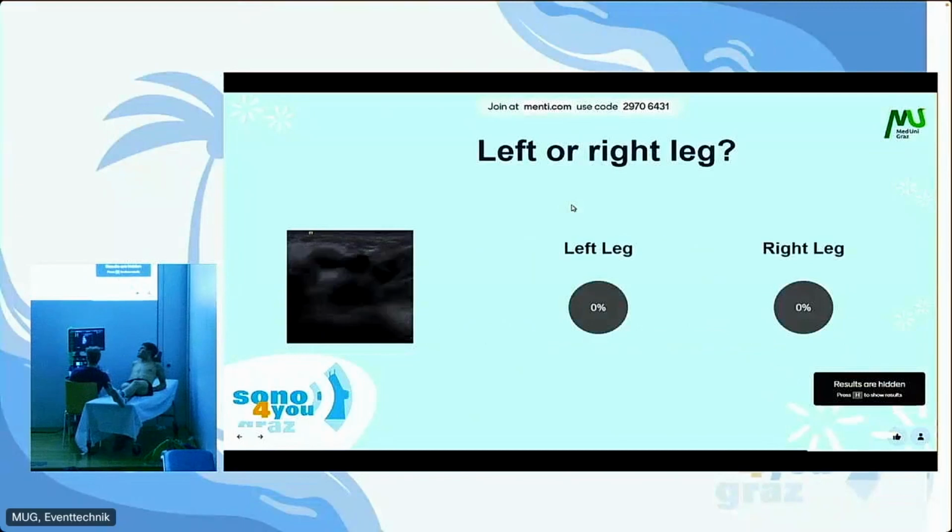In this image, or in this loop, do you see a left leg or a right leg? The probe marker is in this case the yellow blinking image.